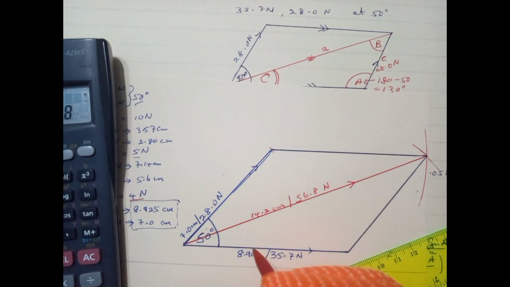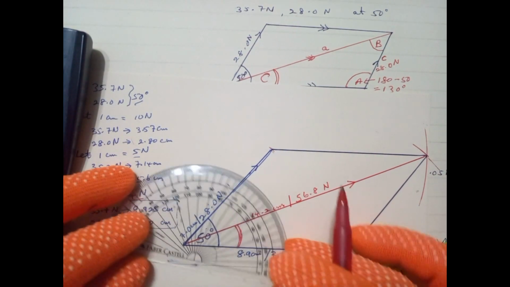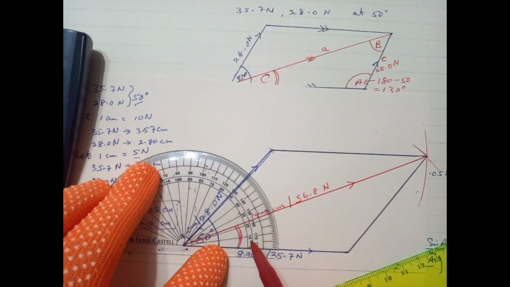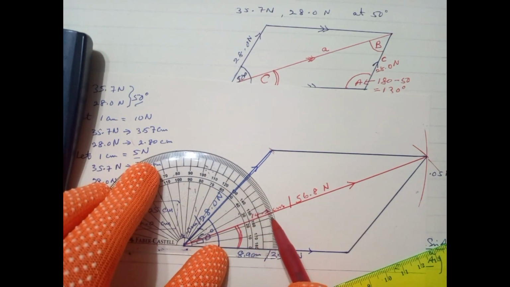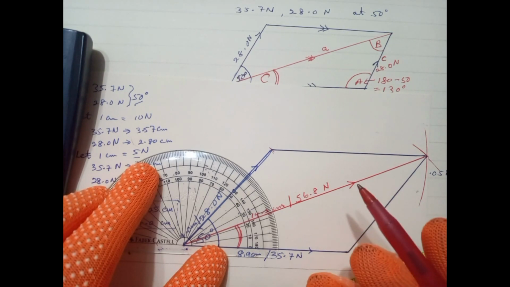And since we wanted to find this angle here, we will just measure it. 10, 20, 21, 22, somewhere between 22 and 23, we could call it 22, we could call it 23.